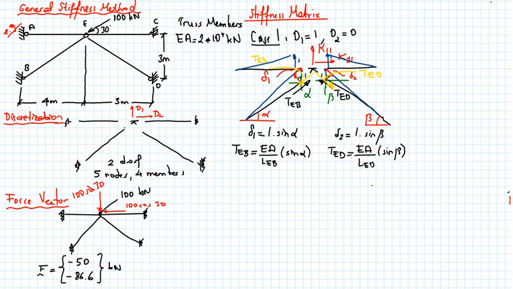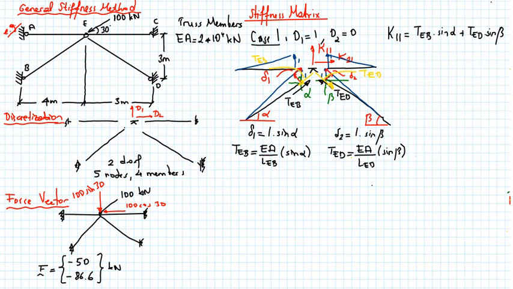So if I write what I just set down, we have K11 is equal to TEB times sine alpha plus TED times sine beta.